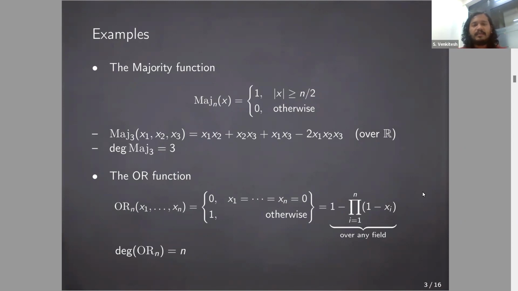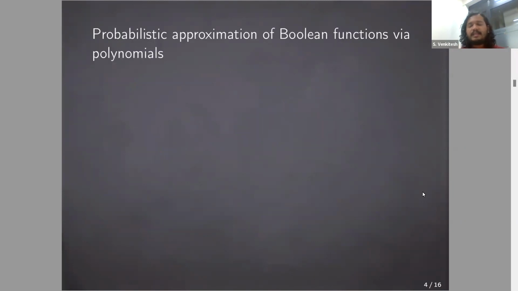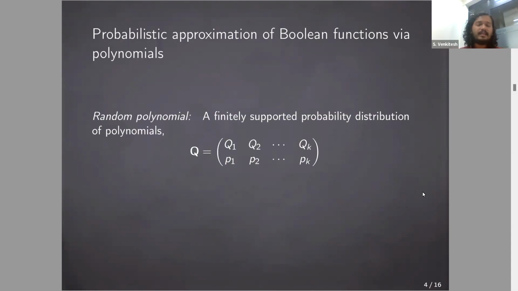All right, so moving on to probabilistically approximating Boolean functions using polynomials. So how do we do that? When we consider probabilistic approximations, we are trying to approximate Boolean functions using random polynomials. So the randomness is in the choice of the polynomial. And obviously there will be an error tolerance parameter involved, right?